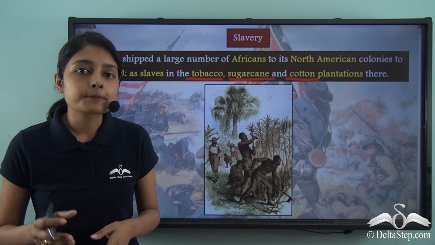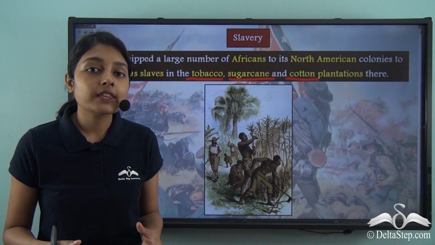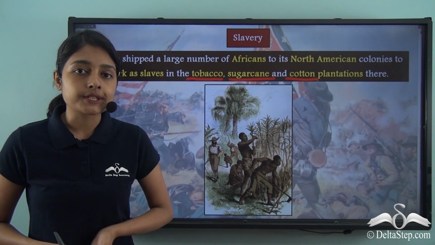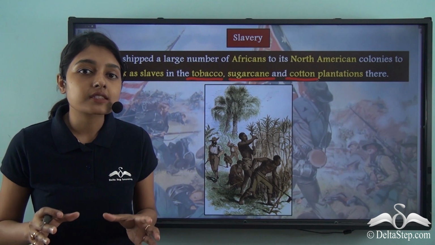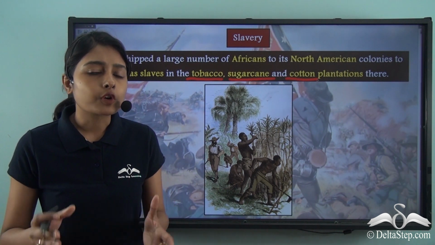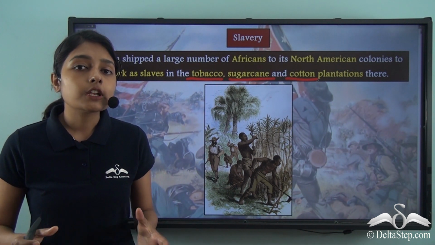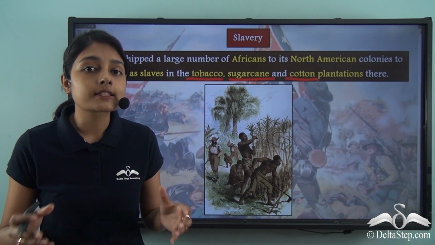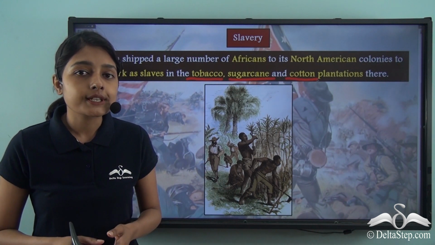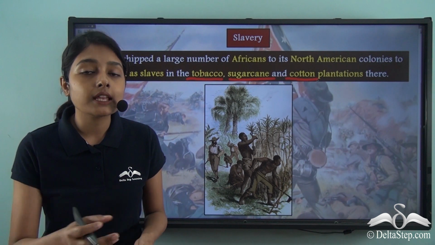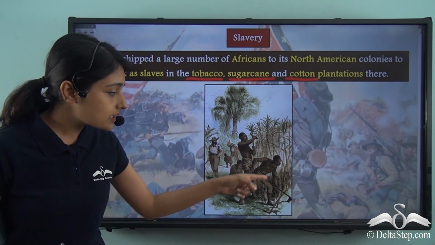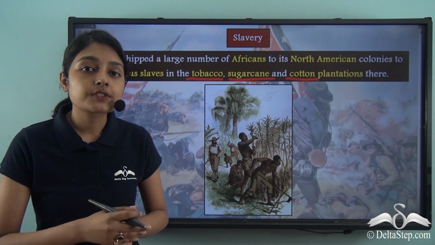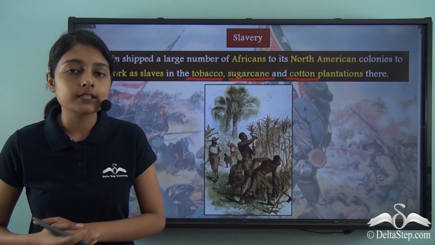Now these cash crops yield the best results when they are planted in huge numbers. But with this, the British colonial rule faced a huge problem. What was that crisis? In order to plant all these crops in huge numbers, Britain also required laborers. Laborers were required to pursue agriculture in the southern colonies.